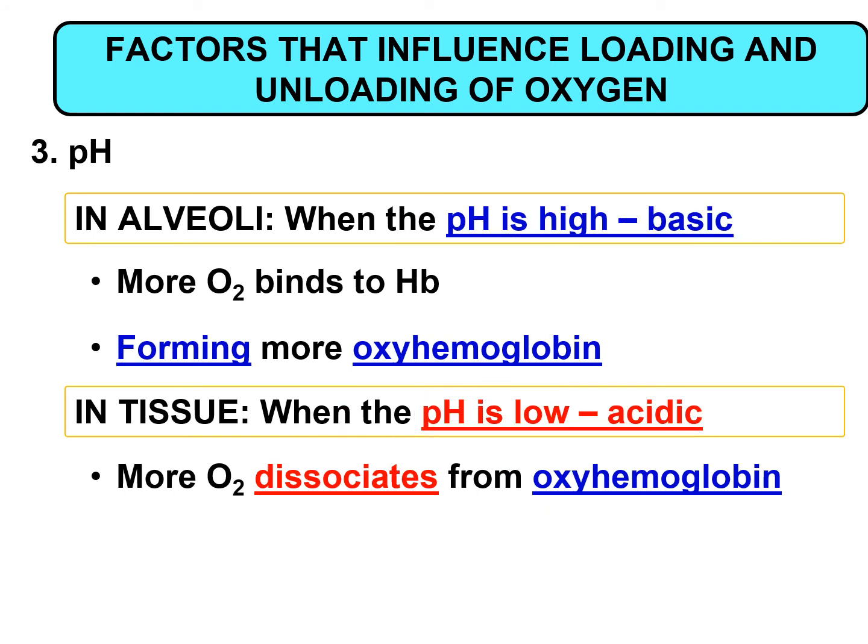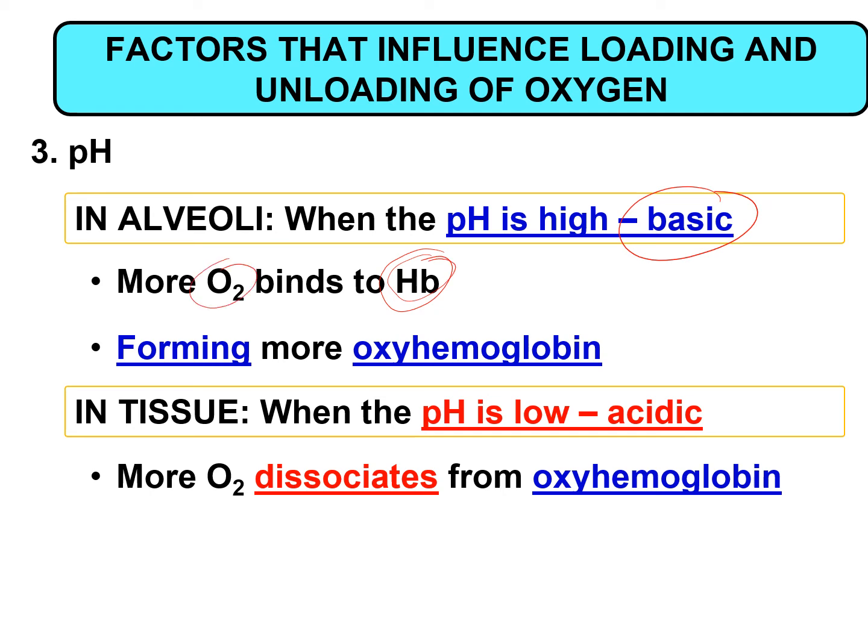The third factor is pH. When the pH is high, it is basic. So when pH is high, more oxygen binds to Hb, meaning when pH is high, less carbon dioxide. Just remember, high pH will increase the tendency of hemoglobin to bind to oxygen.